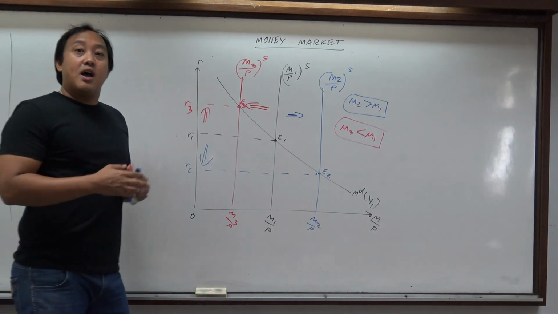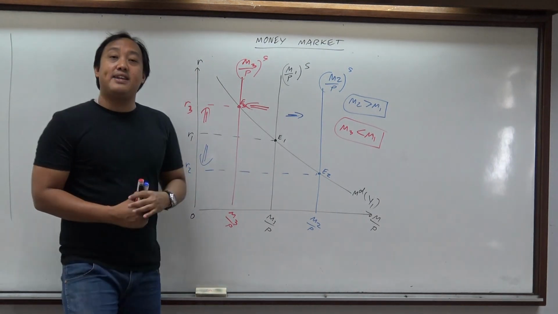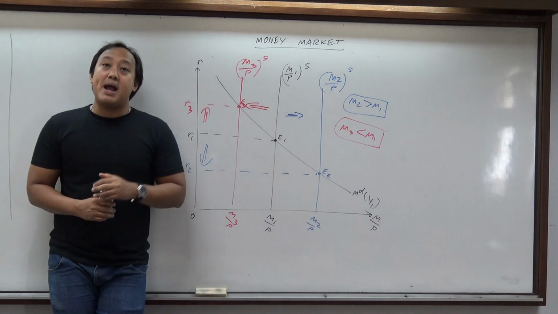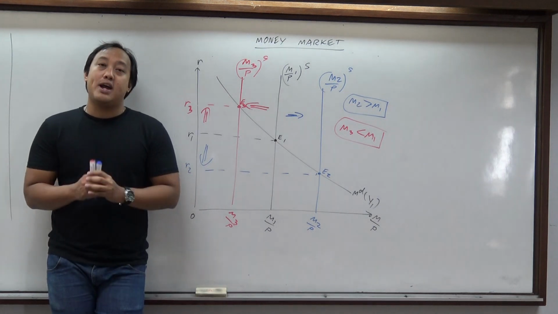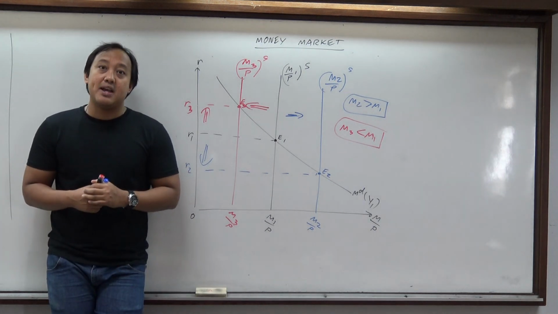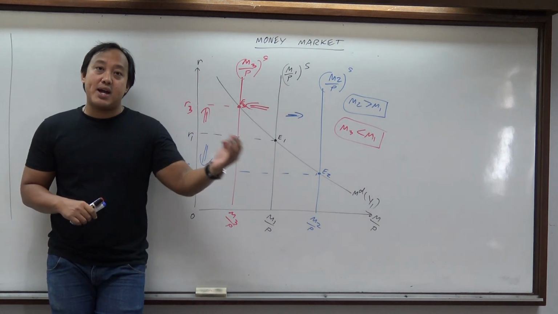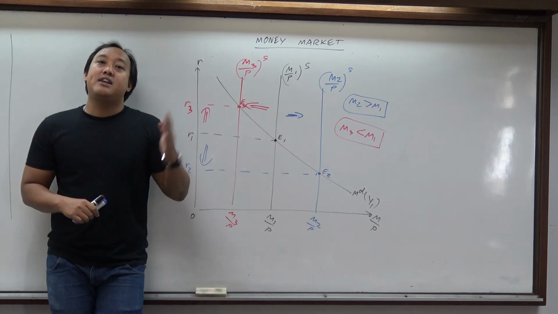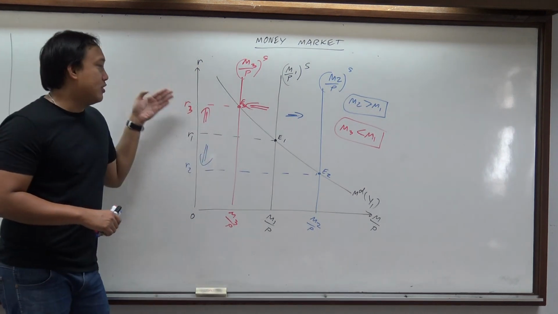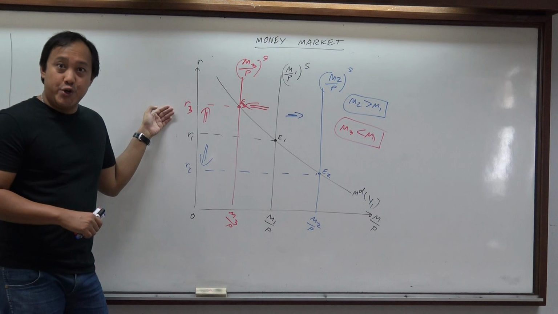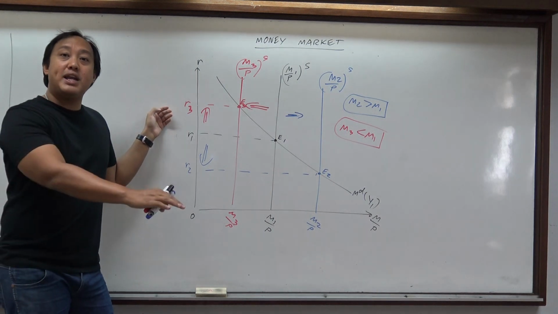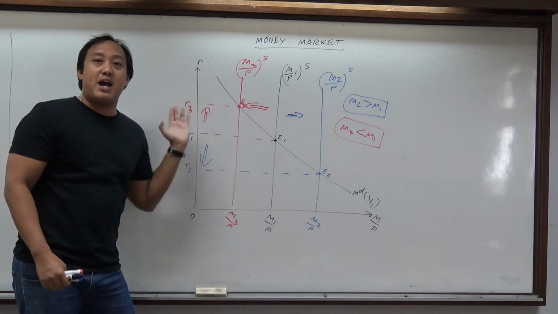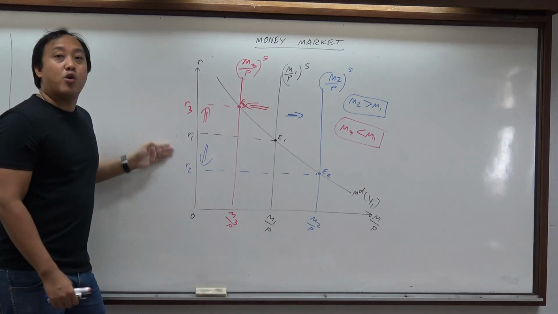From here you can see that the central bank has the power to control the amount of money in the economy. Since they can control it, they can shift the real money supply to the right or to the left, and the consequence is they can control the real interest rate too. If they inject more money, the real money supply shifts to the right and the real interest rate goes down.